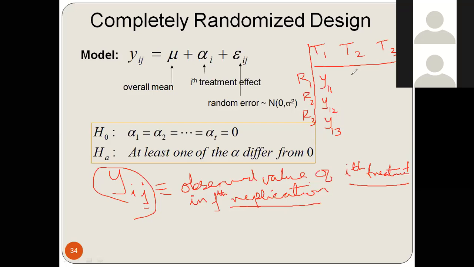Similarly, this one, Y, 2, 1. Y, 2, 2. Y, 2, 3. So these are the indications. Y, 3, 1. Y, 3, 2. Y, 3, 3. So this is how we indicate the observations.